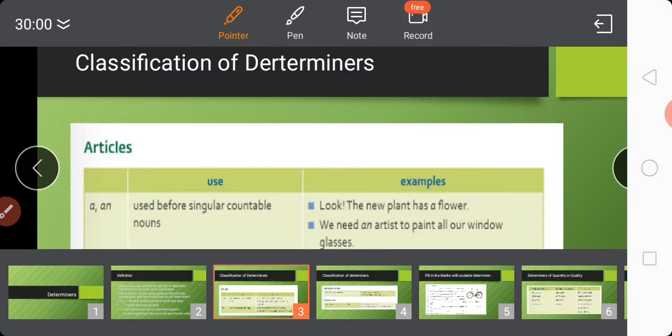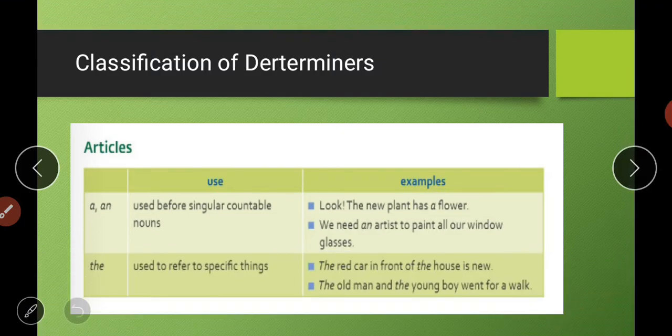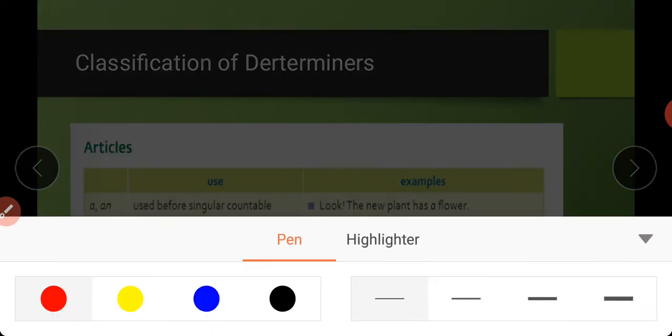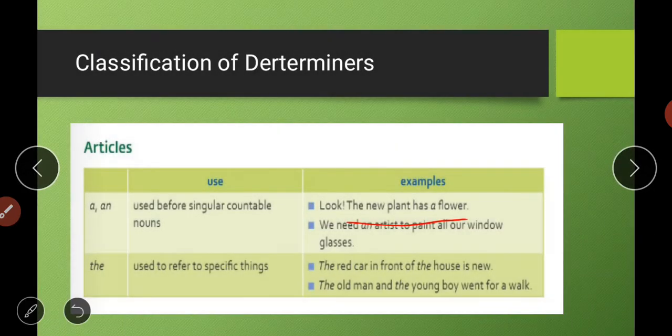So look, the plant has a new flower. Here a is used, an article. Then, we need an artist to paint all our window glasses. So here an is an article.